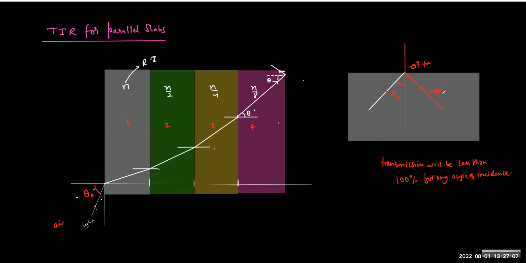So in which graph at some critical angle is the reflection reaching 100%? The bold line is the transmission graph, and dotted is the reflection.